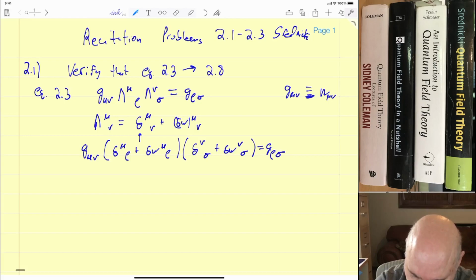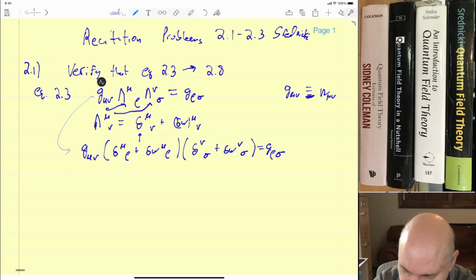So we just substituted this into there and into there. And that then becomes that. Okay, so now it's just a matter of plugging and chugging.